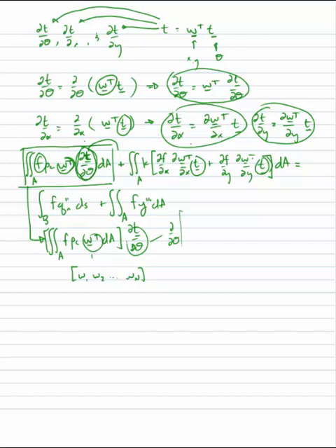So if we write this out, this ends up being something like the integral over the area of F times rho c W1 dA multiplied by dT1/dθ.